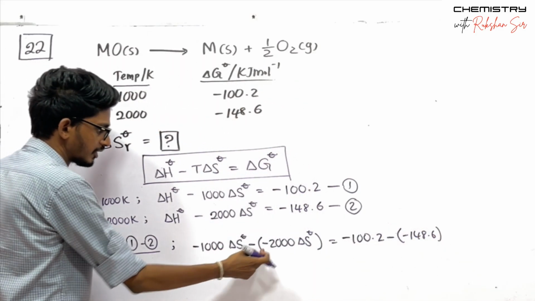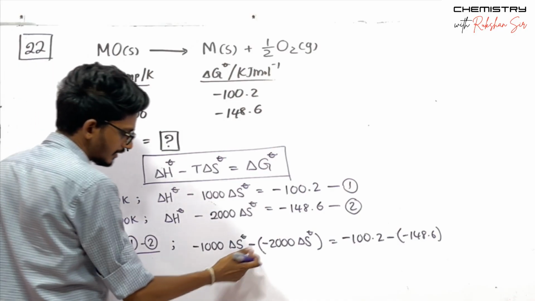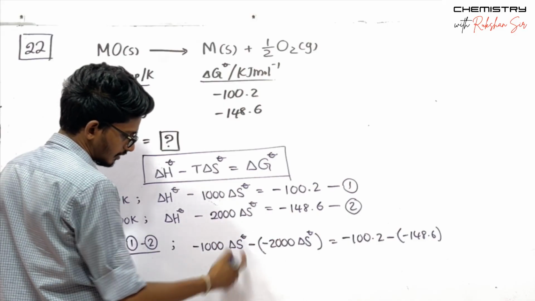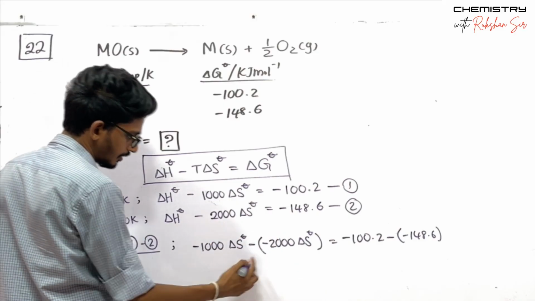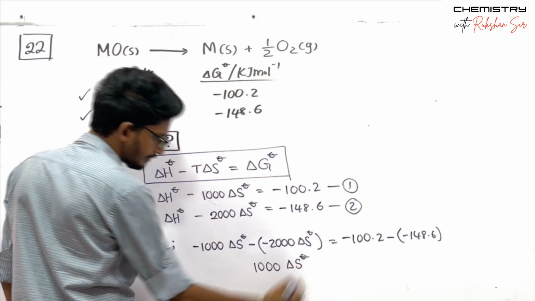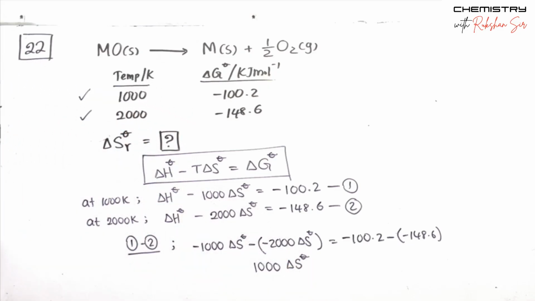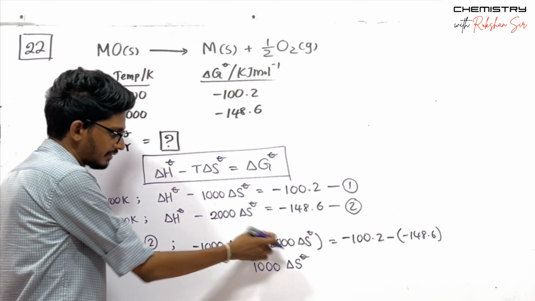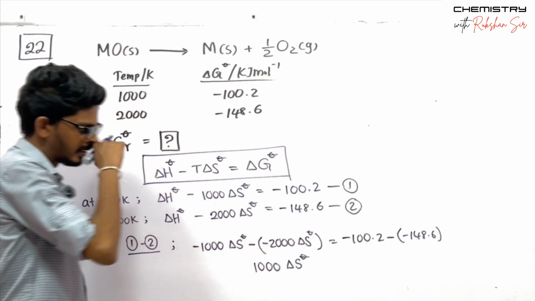Minus minus becomes positive. So this is minus 1000 delta S naught plus 2000 delta S naught.